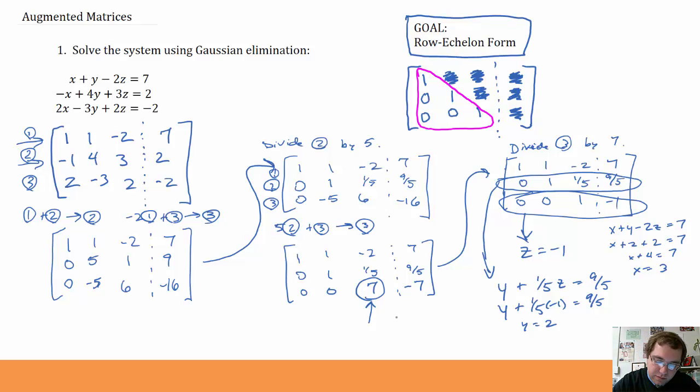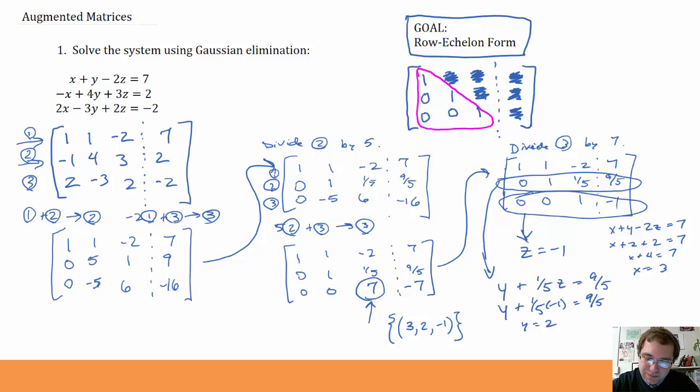What's my solution? Well, the solution set is the point, the ordered triple, x comma y comma z, 3 comma 2 comma negative 1. Pretty cool, right? Right? Good.